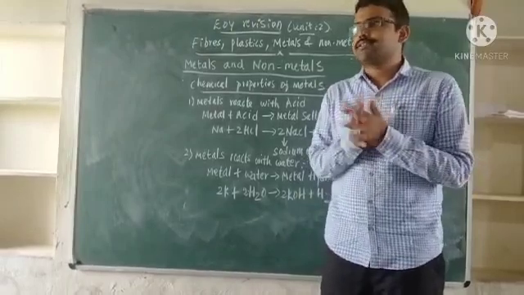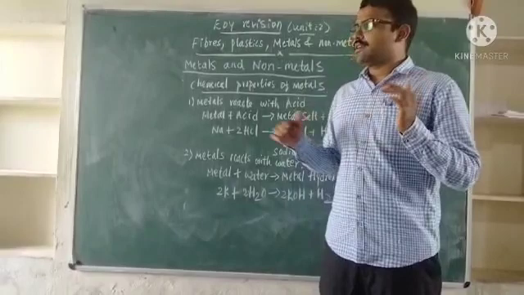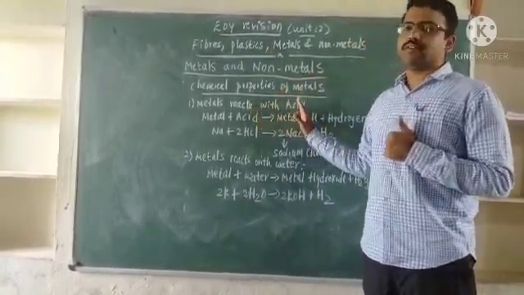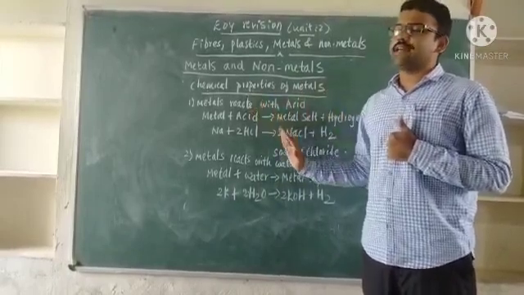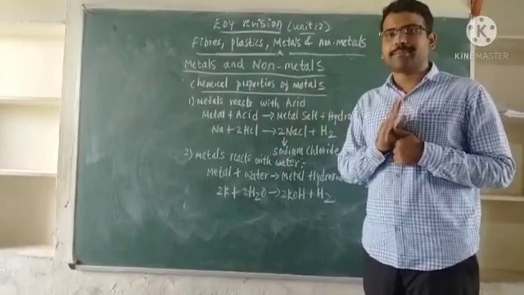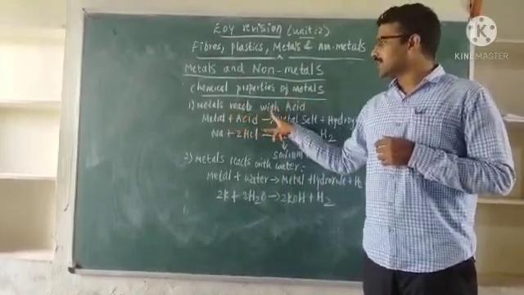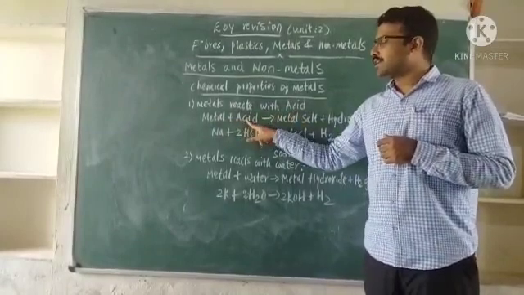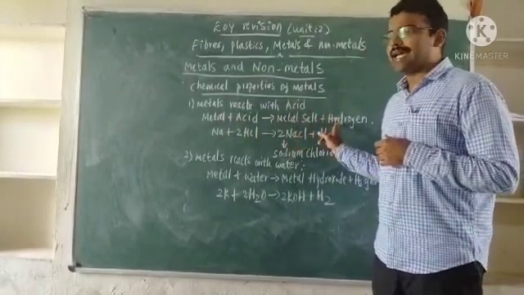Now let us study the chemical properties of metals. See here, what happens when metals react with water, or when metals react with acid? First, when a metal reacts with acid, it generates metal salt plus hydrogen gas.